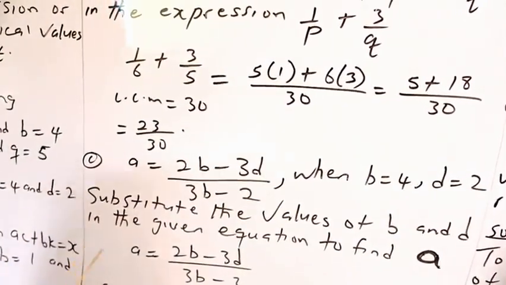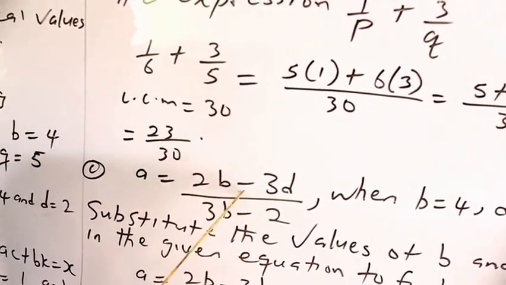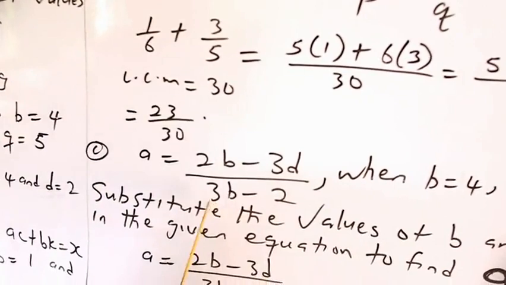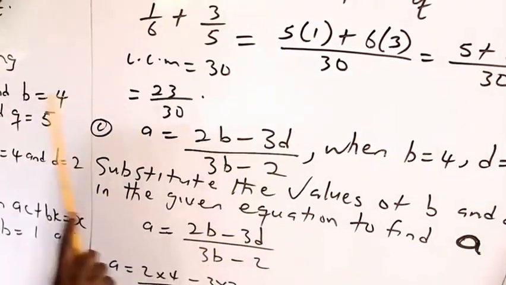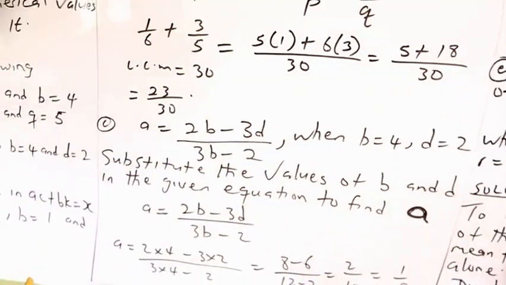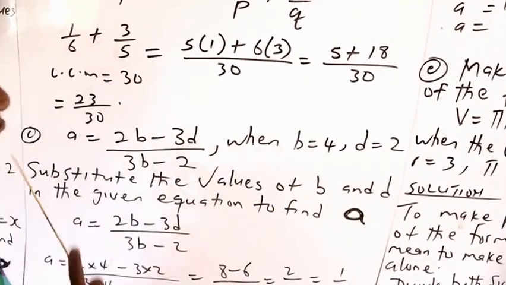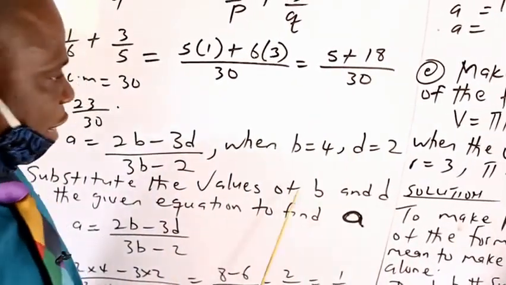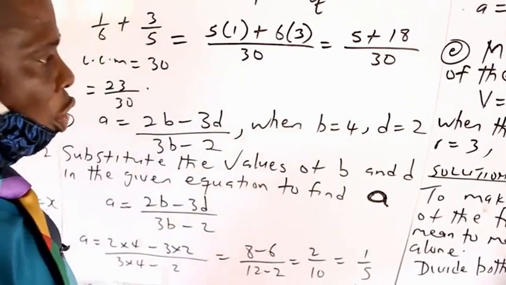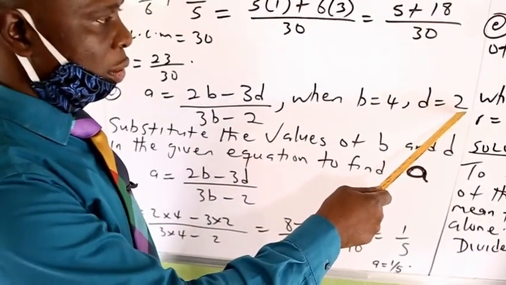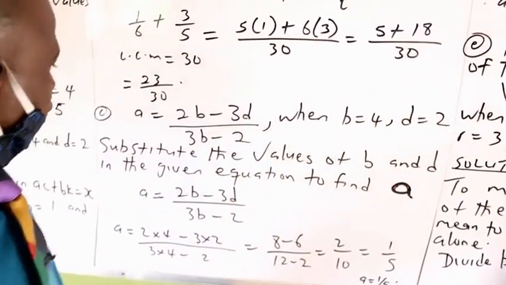C. a is equal to 2b minus 3d over 3b minus 2. And the value of b is given here, and d. b is 4, d is 2.